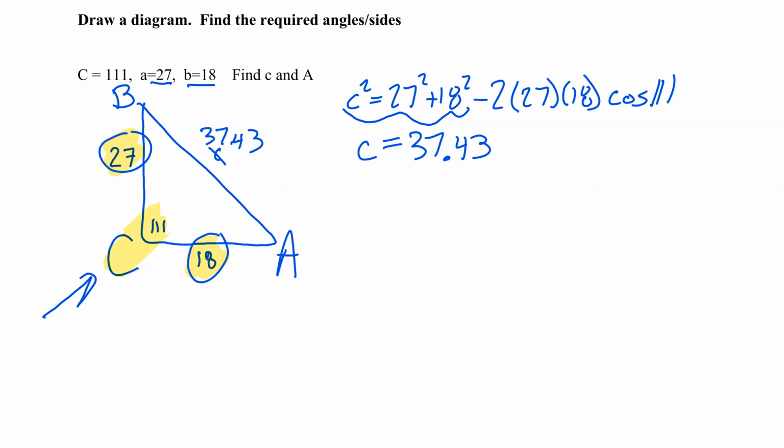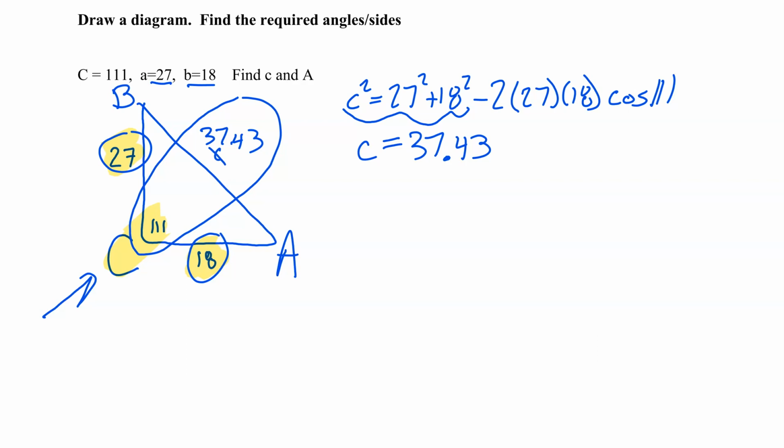Now, once we have that side C, that is 37.43, we also need to get angle A. And what I can do now is I can do law of sines, right? I can mix these things up a bit. I notice I've got an angle and now the side opposite it to do law of sines.